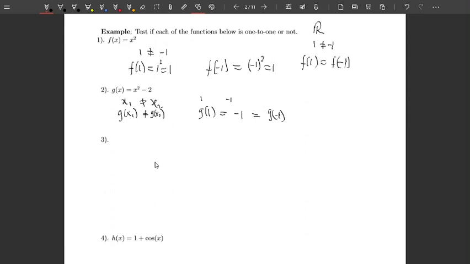This tells me that since 1 is not -1, but g of 1 equals g of -1, this function g of x, defined as x squared minus 2, is not one-to-one. Actually, this is a shorthand form of writing one-to-one.